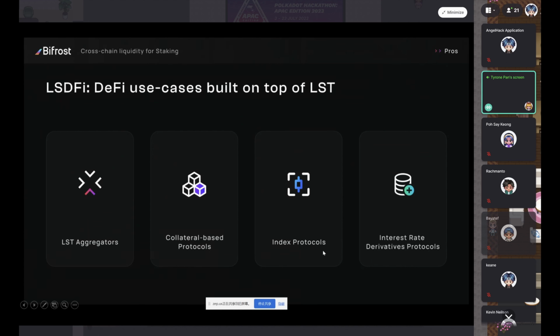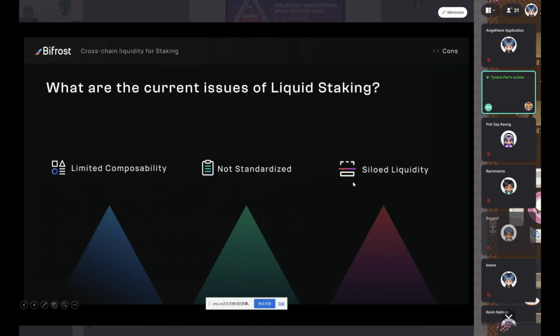So these index protocols, and interest rate protocols, separate the interest rate of the liquid staking token and the principal of the liquid staking token. So some different use cases, some ideas for stimulating use case building.